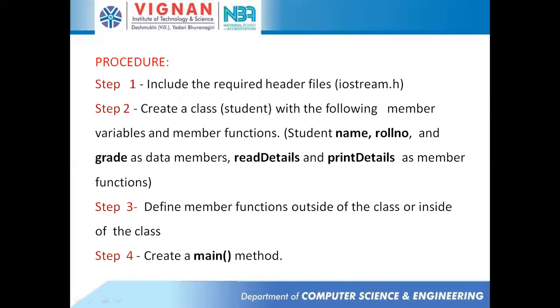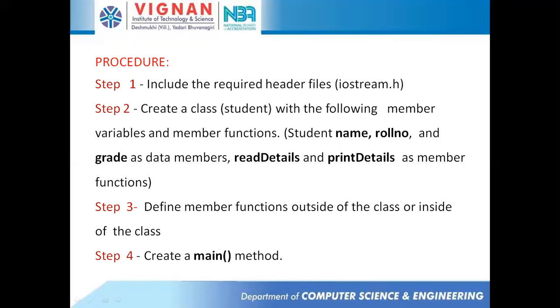Now the procedure, how to write the code. Step one is to include the required header files. Basically, you include iostream, and then you create a class. A class is a blueprint consisting of the properties and operations of the object. Here the object is a student.